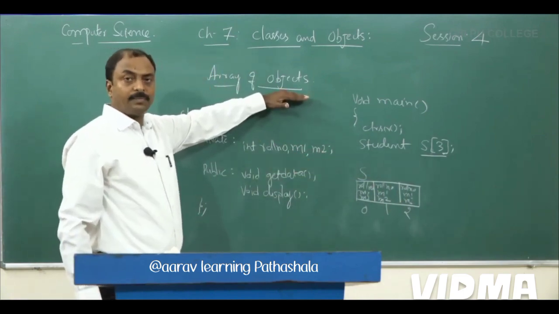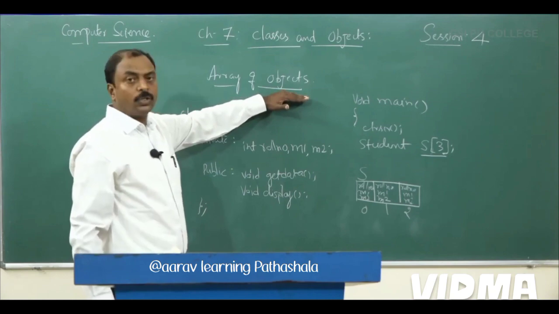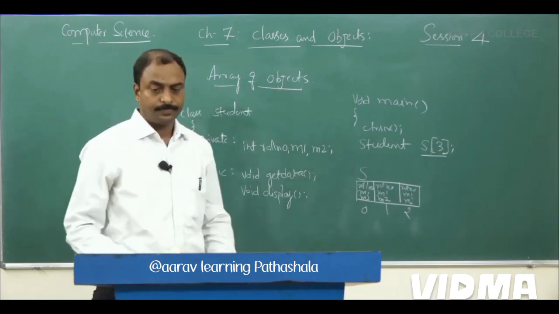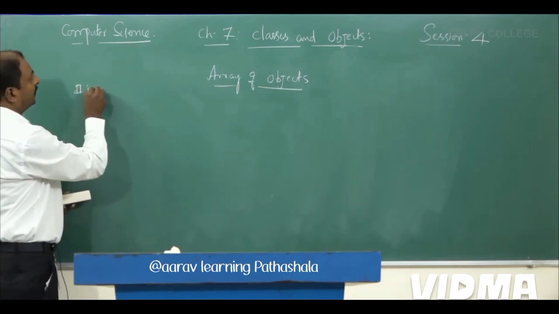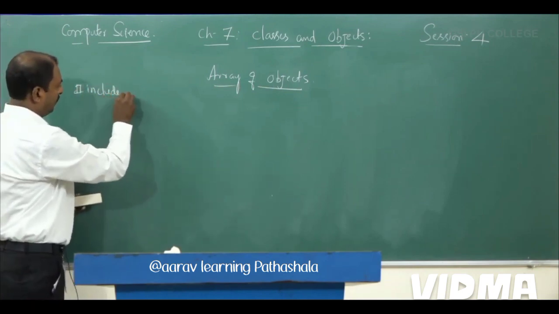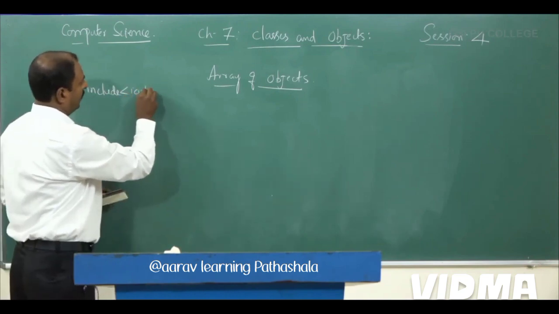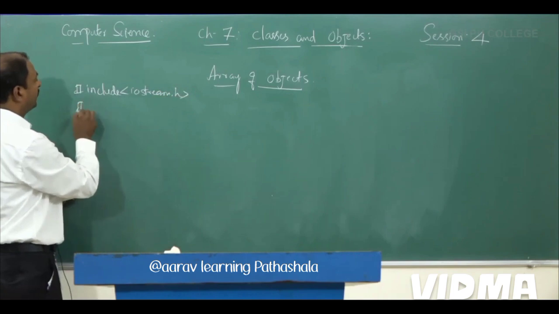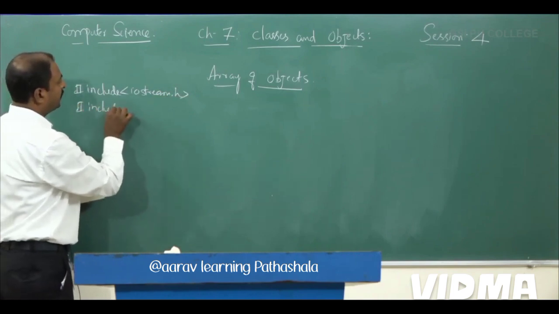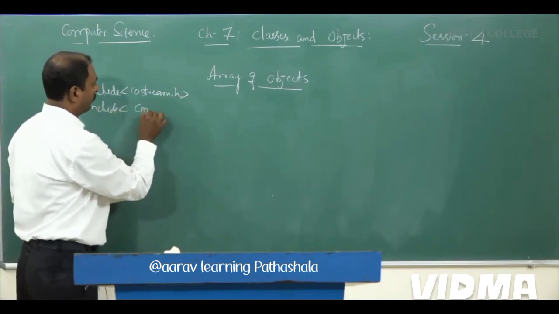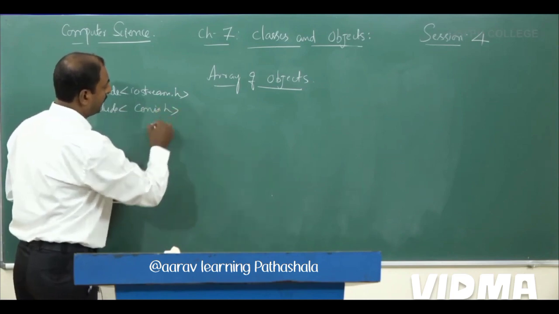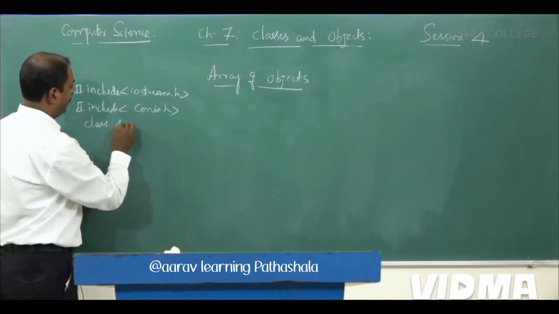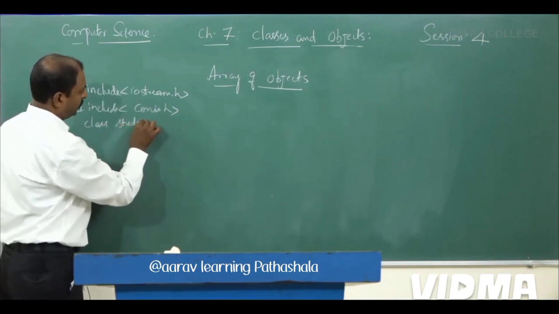Now let me write a simple program to show how to work with array of objects. We'll start with the header files: hash include iostream.h, hash include conio.h. Define a class student.